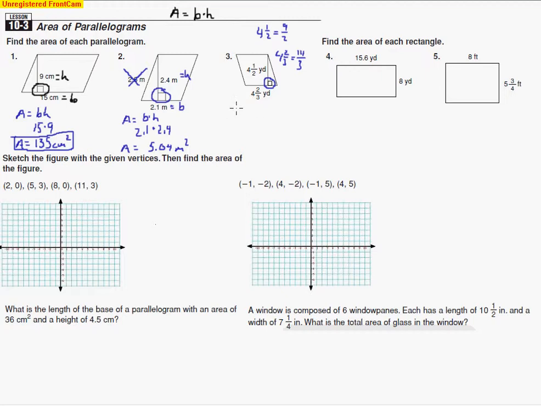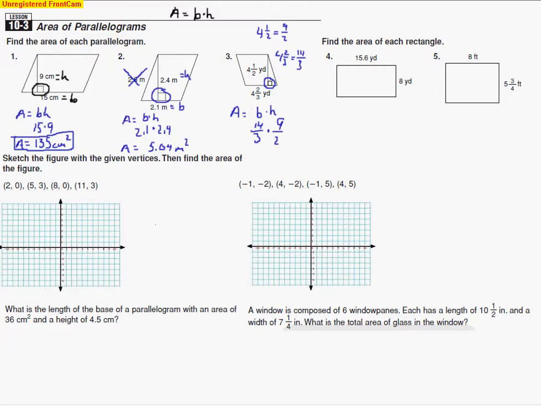We go ahead and write in our area formula, base times height. Our base is this 4 and 2/3, but we're going to write down 14/3 this time. Our height is 4.5, but instead of 4.5, we're going to use 9/2. Before you multiply straight across, look for cross canceling.